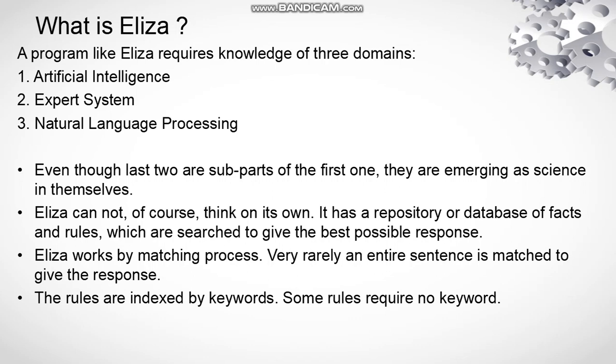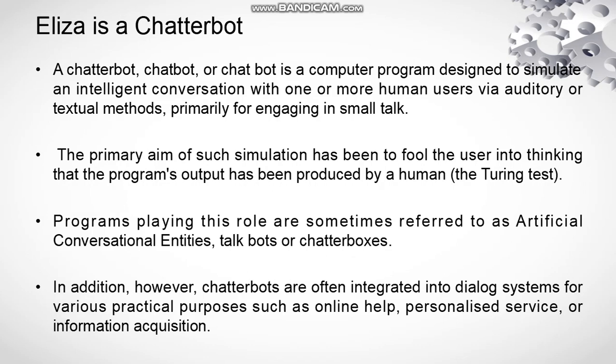So firstly, Eliza looked for some keywords in the question, and based on those keywords, identified the relevant answer from the stored database. It is a chatterbot that is used for smart communication between human and machine.